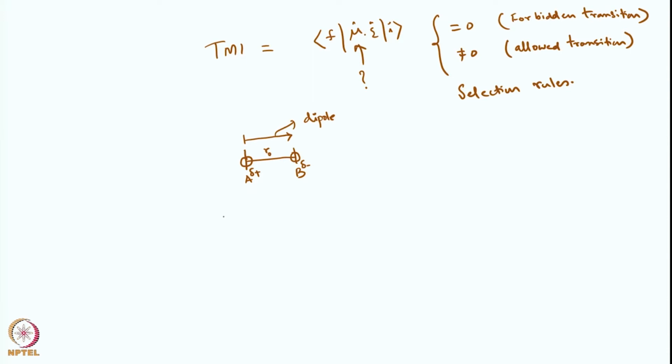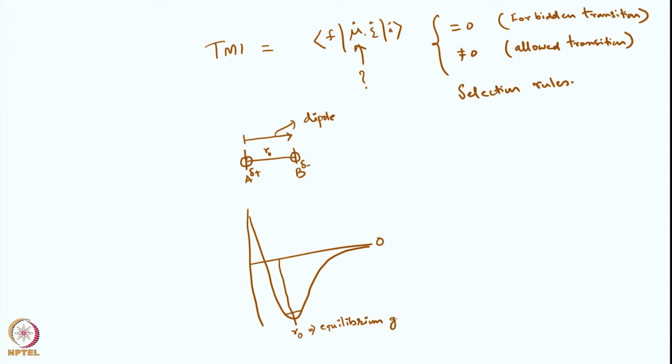So for example, for an AB molecule, one can draw a potential energy surface like this. That is the zero of energy, and the distance goes to infinity asymptotically.